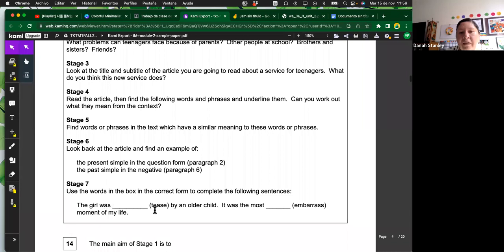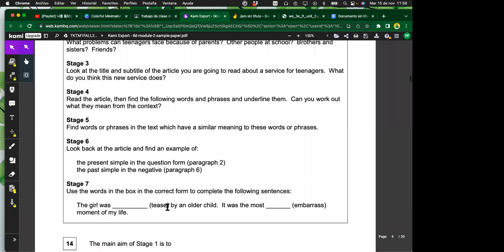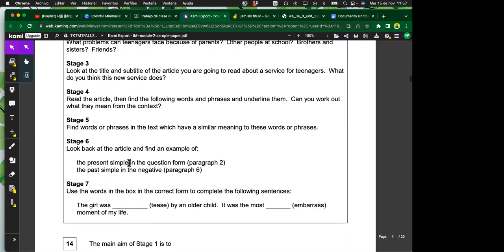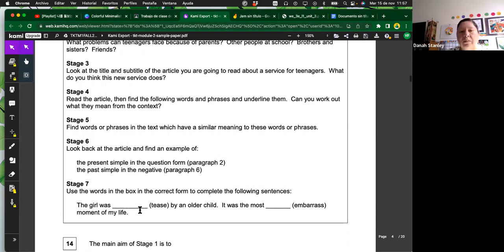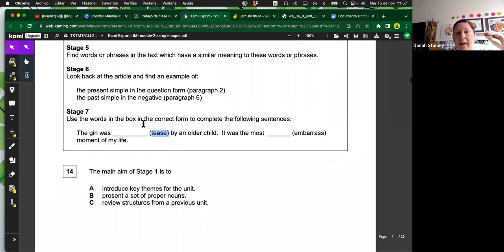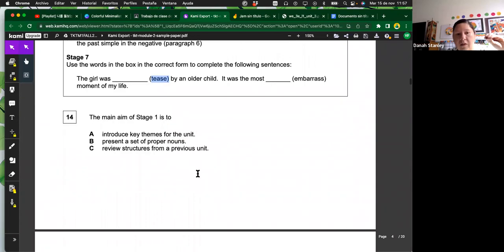The girl was teased by an older child. It was the most embarrassing moment of my life. Yeah, that's true. Present simple and simple past. Entonces aquí lo que estoy buscando es que by using these words los conjuguen en el tiempo específico que convenga según el contexto.